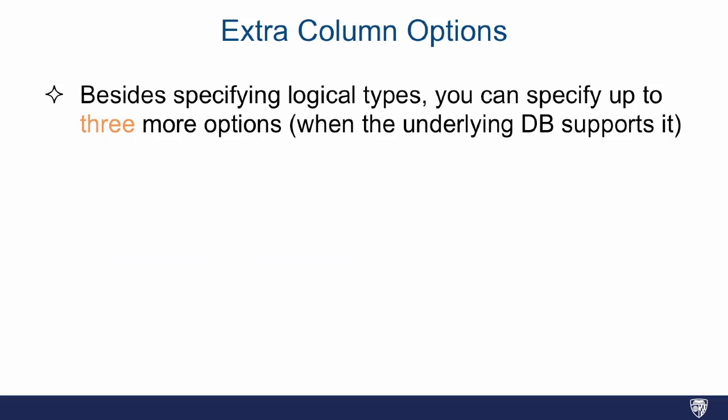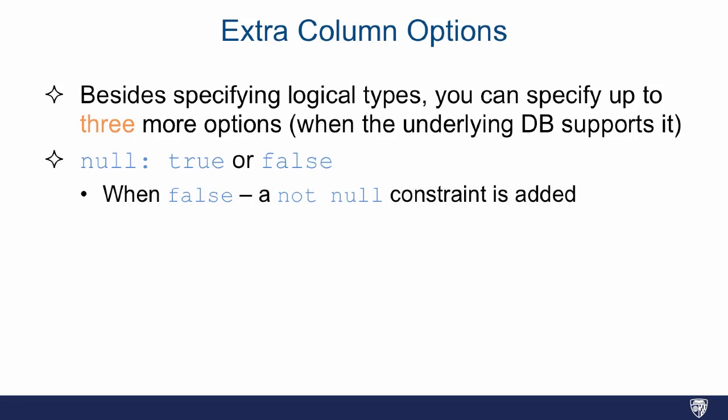Now, you could also specify certain column options. For example, you could specify a null constraint if your database actually supports it. You could say, can this column be null or not? So null is just a symbol; it's a hash with a symbol and a value. So null: true or false.